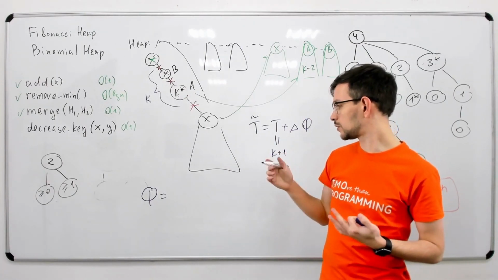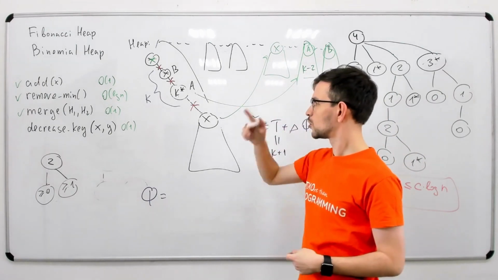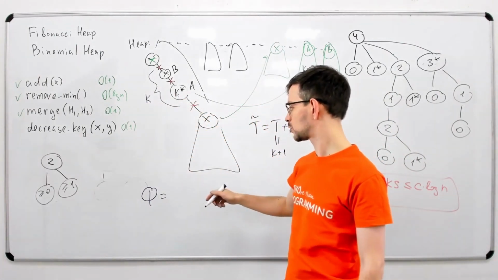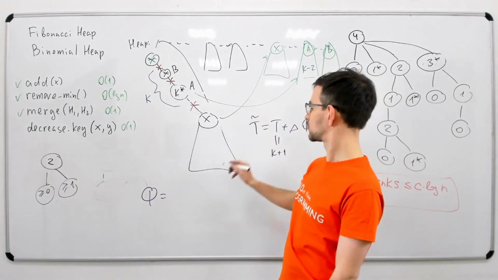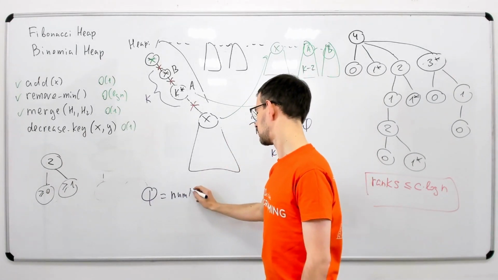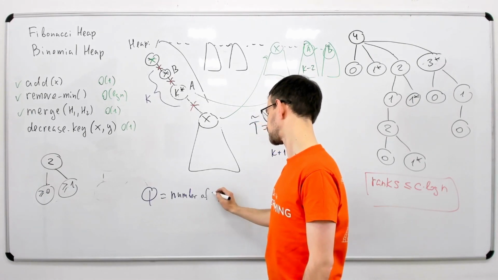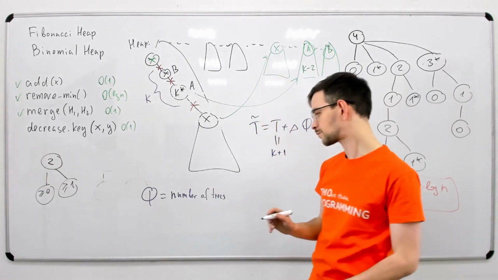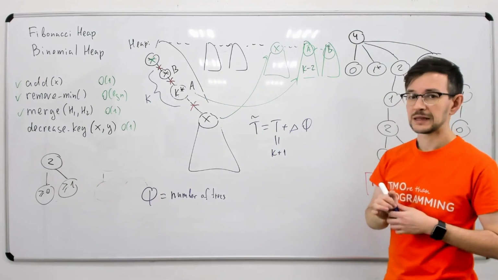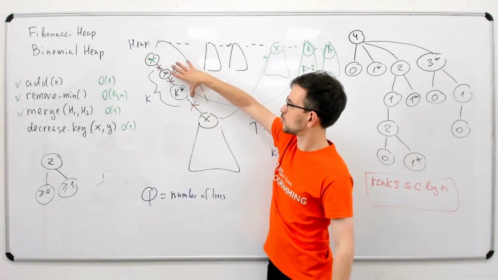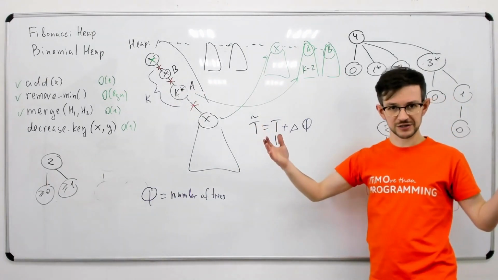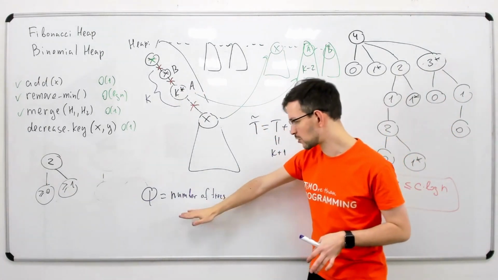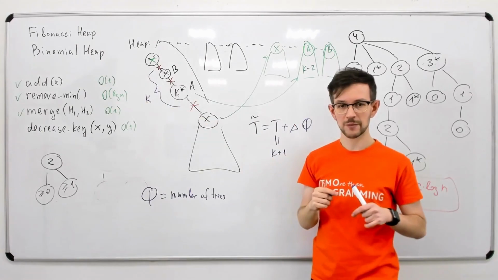Also, to get this complexity, we need a potential equal to the number of trees. When we move these elements to the root list, we increase the number of trees, and we need this number of trees to make this time complexity good.